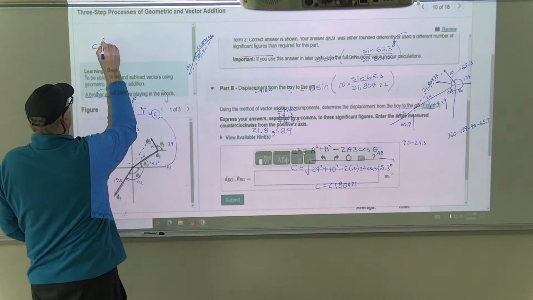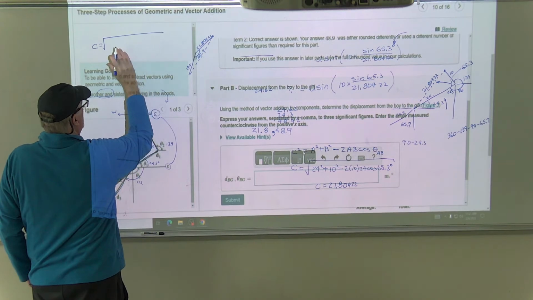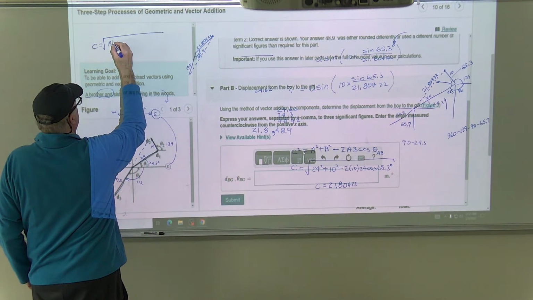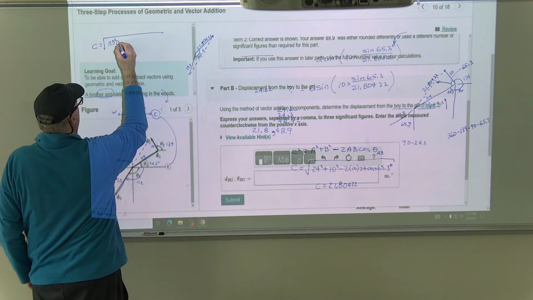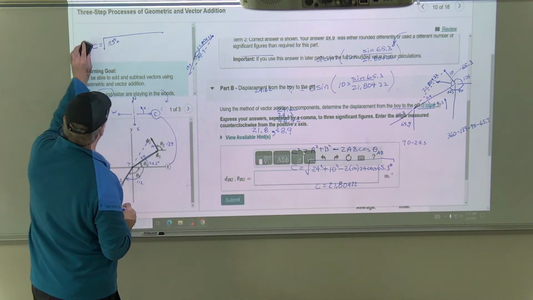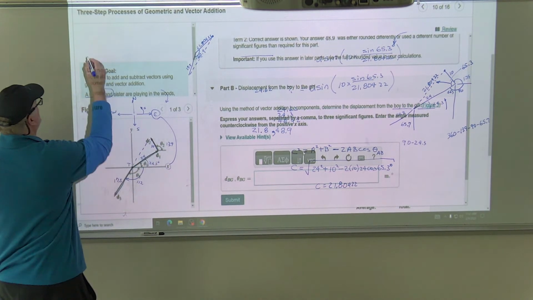C is equal to the square root of a squared, which is, I'll just make this 17.5 squared plus, okay, if I'm going to do this, I need to make it legible.